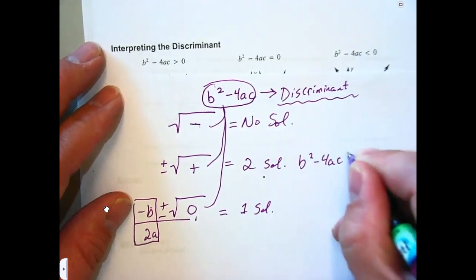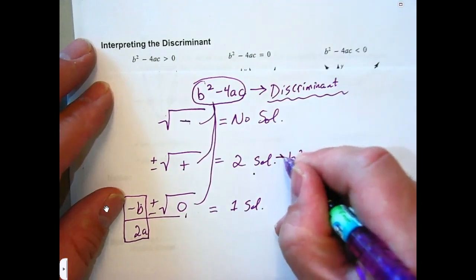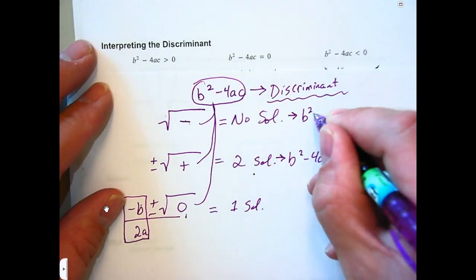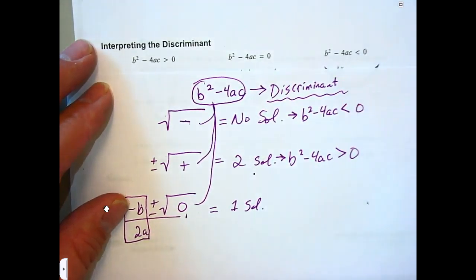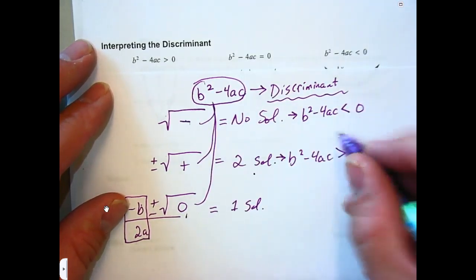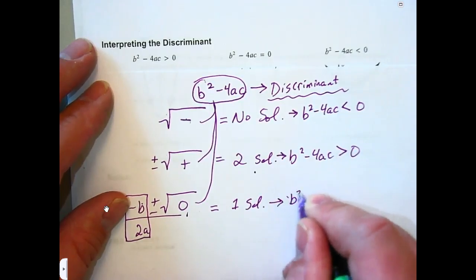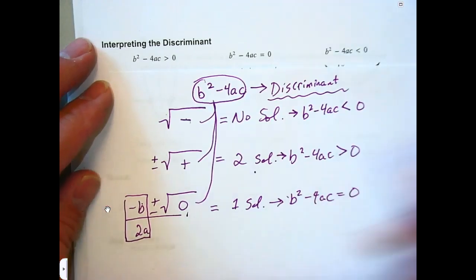Mathematically, we write that as greater than 0. If it's less than 0, then it's no solution. If it's negative, that just means it's negative. And if it equals 0, that's our one solution situation.